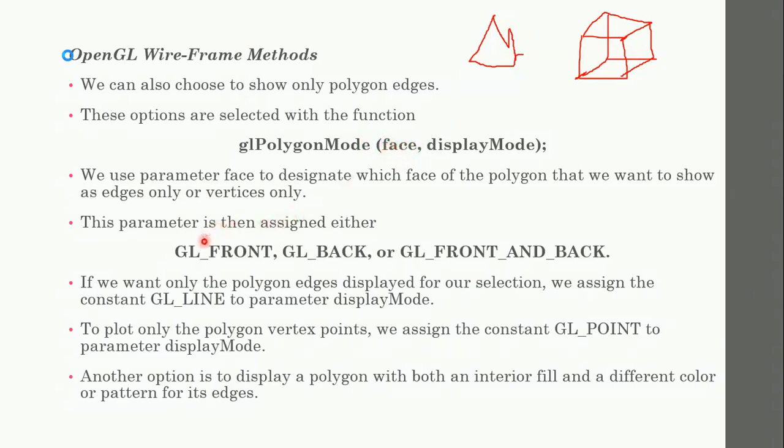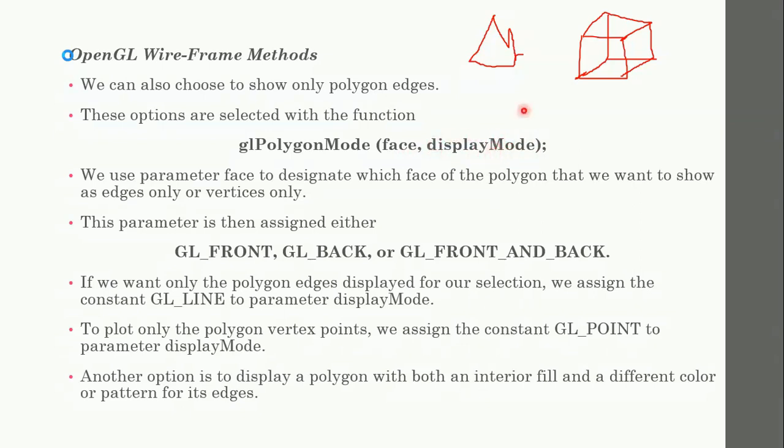So you have different parameters for writing the particular face. For example, you have GL underscore front, GL underscore back, or if you want to display both, that is front and back faces, then you can go for GL underscore front underscore and underscore back. Okay, so these are the options. There are three options available here for the face. And again, display mode also has three options here.